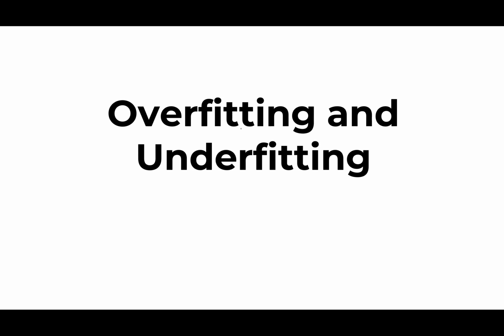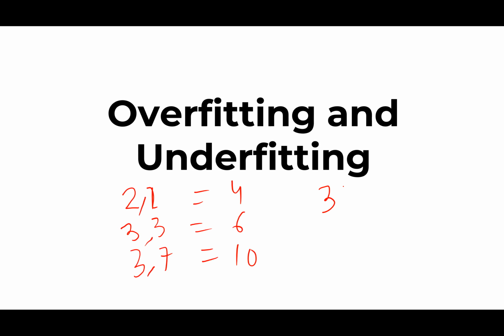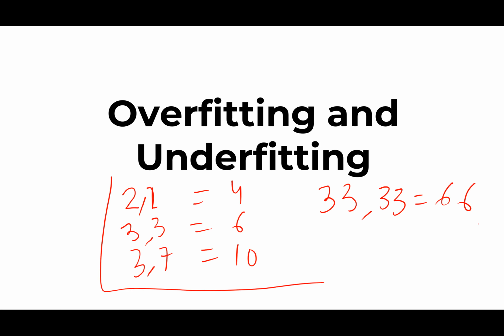Just like this example, suppose the examples I have given were 2 and 2, output is 4; 3 and 3, output is 6; 3 and 7, output is 10. And there are more examples like 33 comma 33 gives 66. So these are the questions I'm given, right?